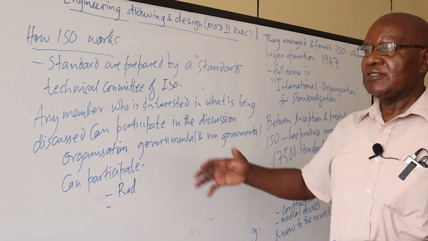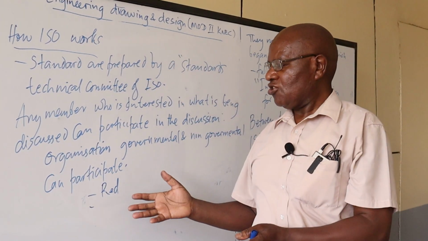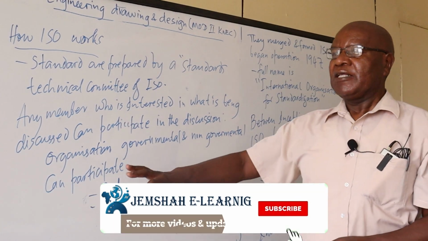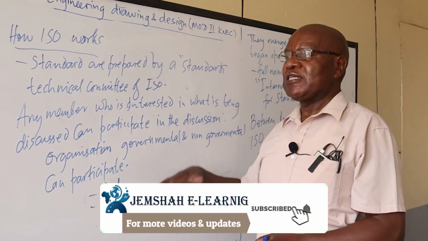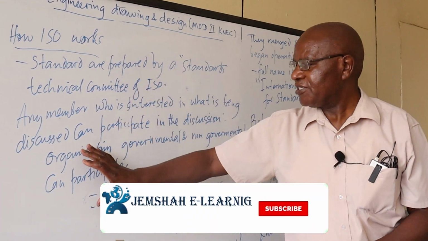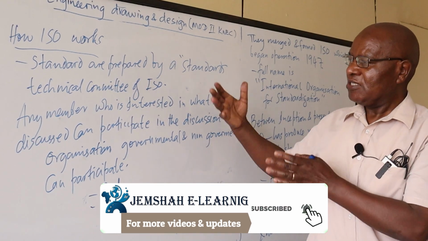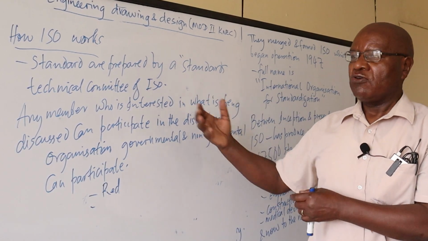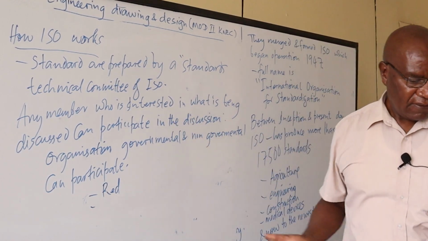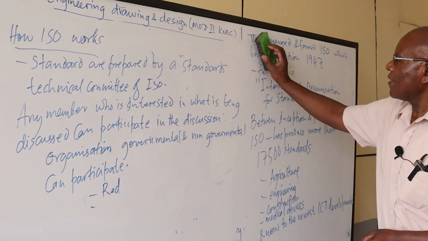Maybe they want to come up with a standard on the national environment. Then apart from KEBS being represented, fellows from the ministry can also participate in that one to discuss it. So it's not only the members, other organizations worldwide which have got an interest can also participate. And then once the standard comes out, it is applicable to the countries who are members.